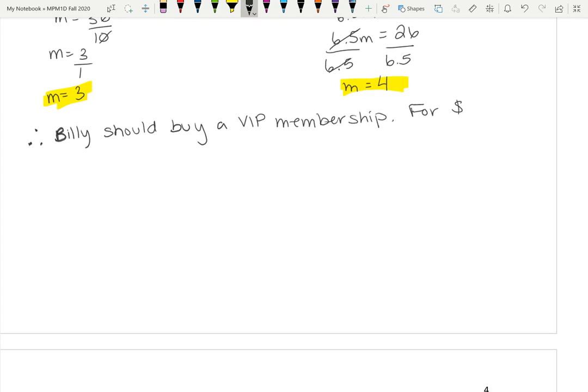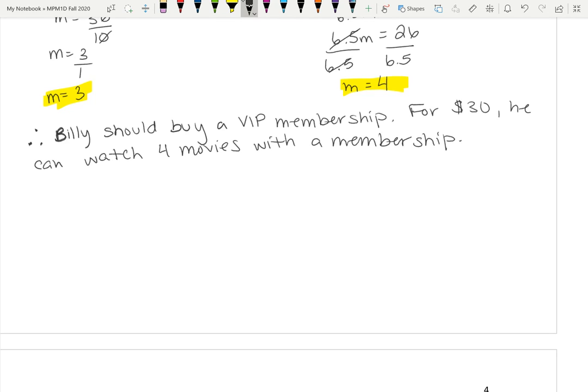For $30, he can watch 4 movies with a membership. Oops. And 3 movies without a membership.